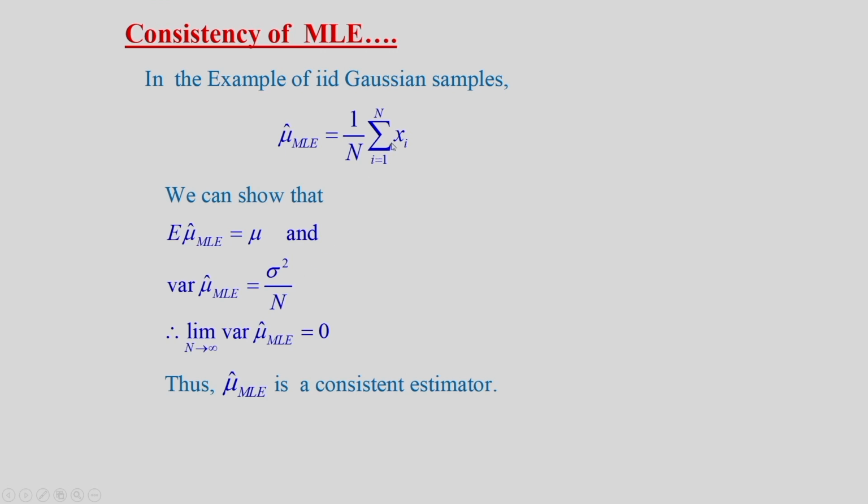Using the IID property, we can establish this. Therefore, the limit of variance of mu hat MLE will be equal to 0, which implies that mu hat MLE is a consistent estimator. So, we have shown that the maximum likelihood estimator for mu is a consistent estimator. This is a general property.